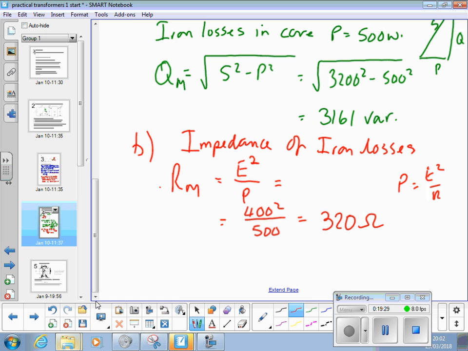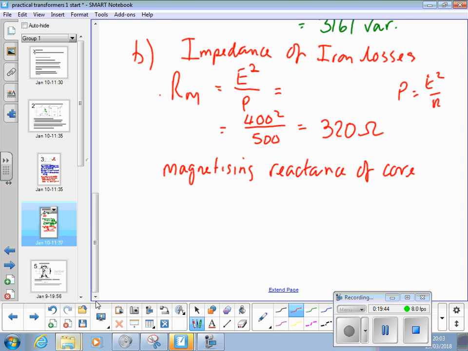Equally, magnetising reactance of core, XM, is equal to, again, E squared, this time over Q. So that's 400 squared over Q, which was 3161. 50.6 I got.